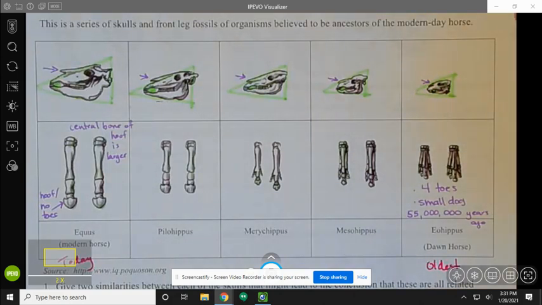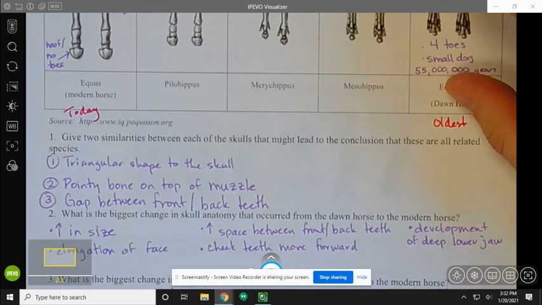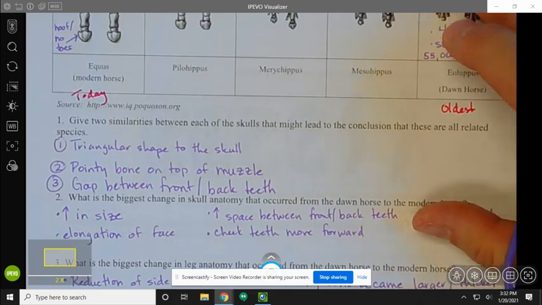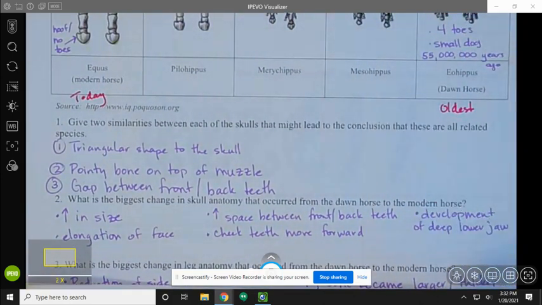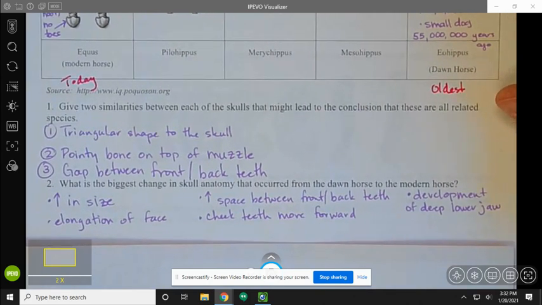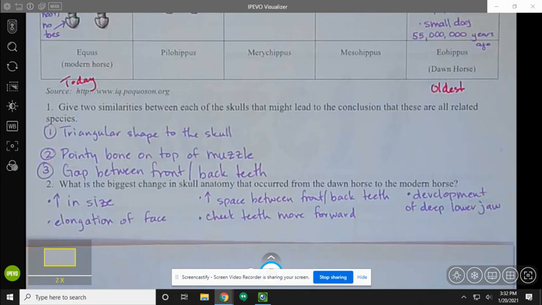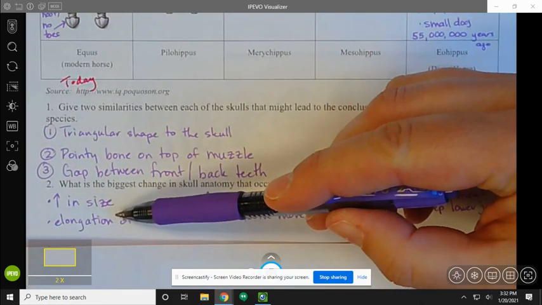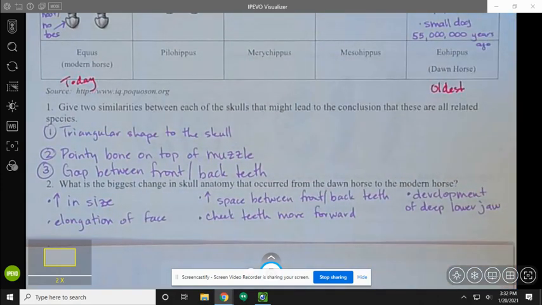Okay, now that you're back with us, let me give you several things that I talked about in class today and over a longer period of time. Here are some of the things that students have said are differences, changes that they think are pretty big. The first one that students usually say is the size.